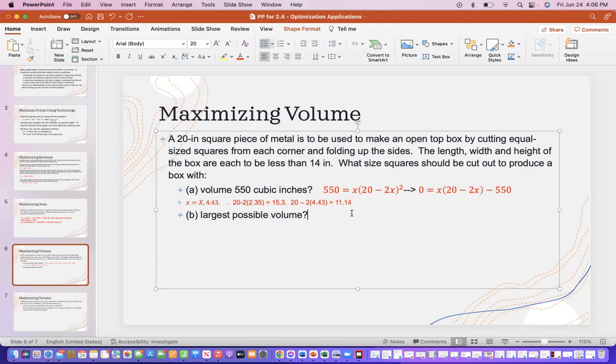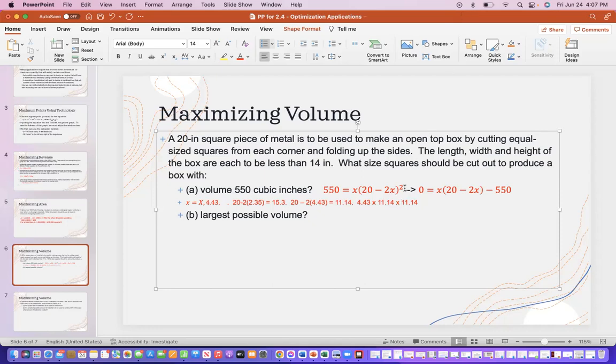And so the dimension which would produce what we want is 4.43 by 11.14 by another 11.14. Those are the dimensions of the box that would give us the desired volume that we were after on this first part, 550 cubic inches. How do we do the largest possible value?